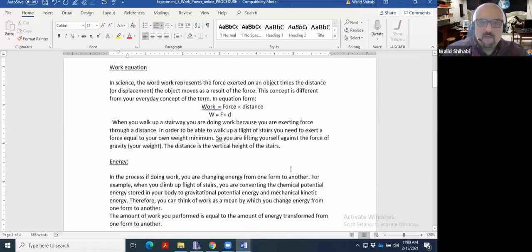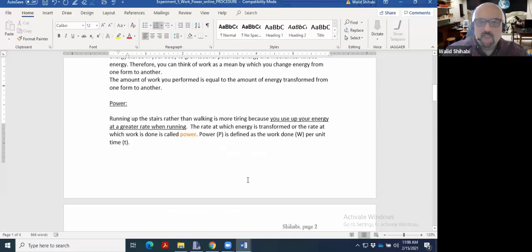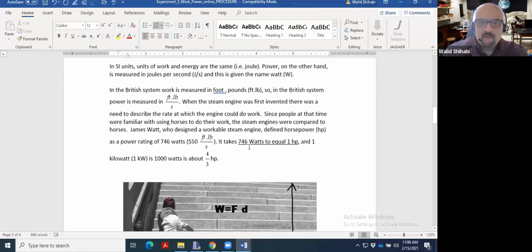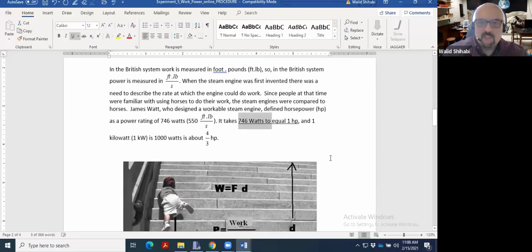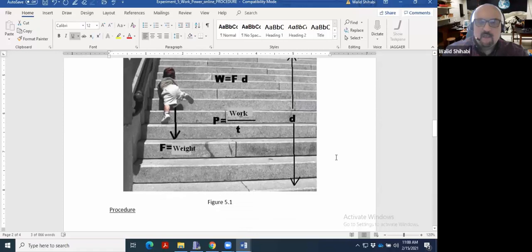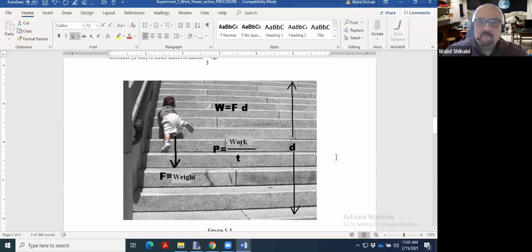Okay. And then make sure to read the background here, the equation you'll be using. Okay, of course, 746. And in this lab, you'll be walking up or running up a flight of stairs. Okay. Now, if you don't have a staircase in your house or in your apartment complex, you might need to go to a nearby building that has a stairwell.